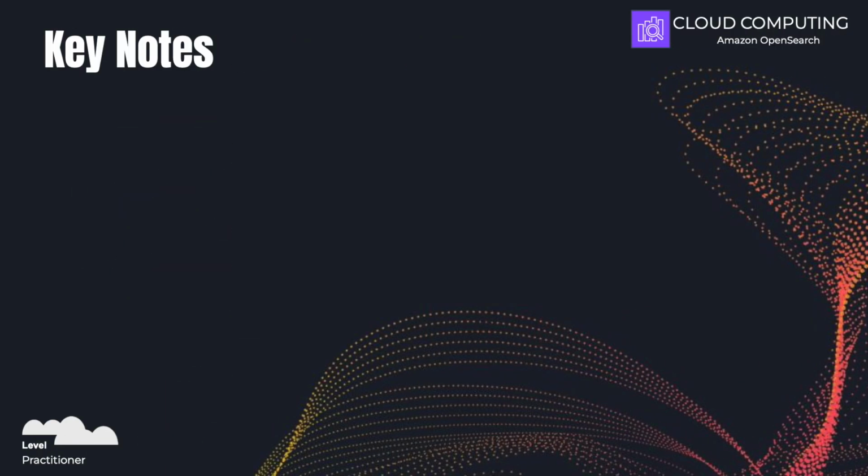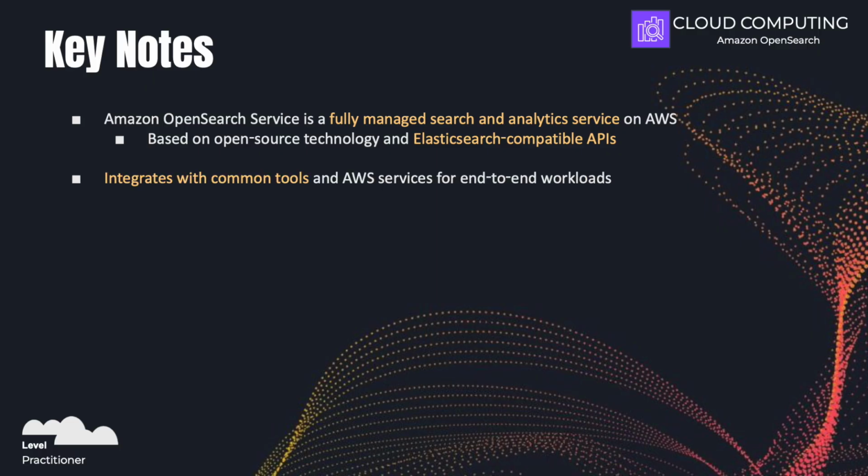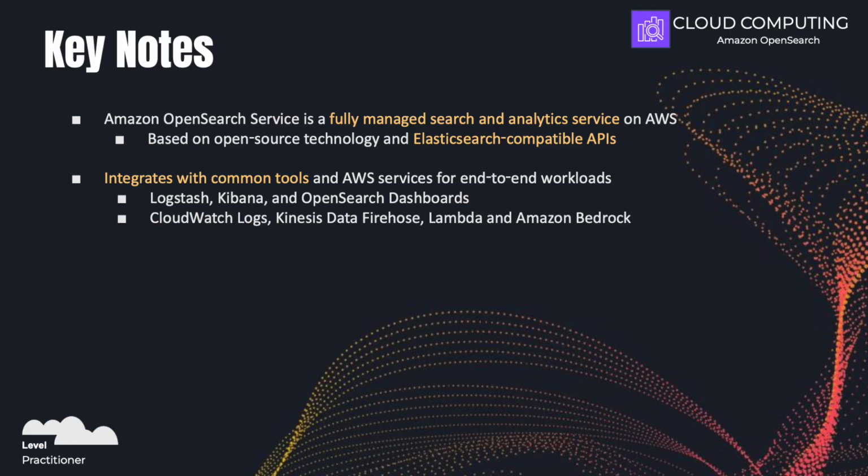To wrap up, remember the big picture of Amazon OpenSearch being a fully managed, open source based search and analytics service in AWS. It's compatible with standard Elasticsearch APIs, integrates with tools like Logstash, Kibana, and OpenSearch dashboards, and works smoothly with AWS services like Amazon CloudWatch Logs, Kinesis Data Firehose, Lambda, and especially Amazon Bedrock.